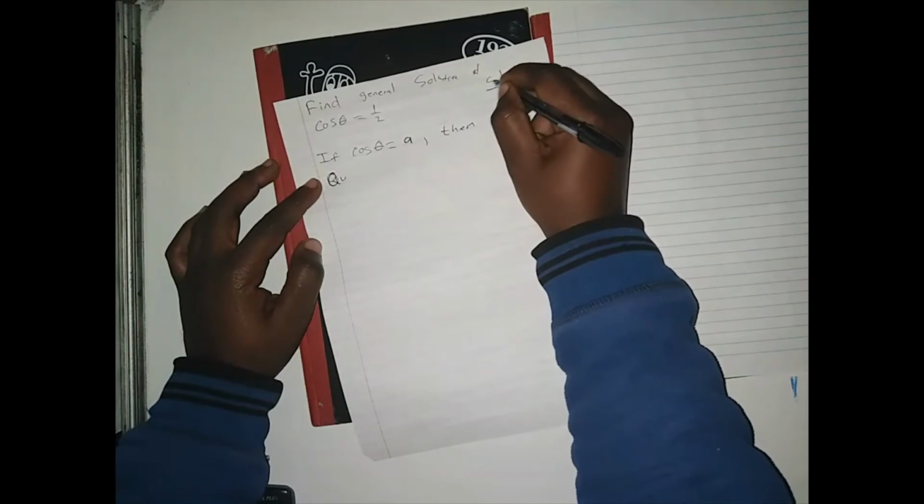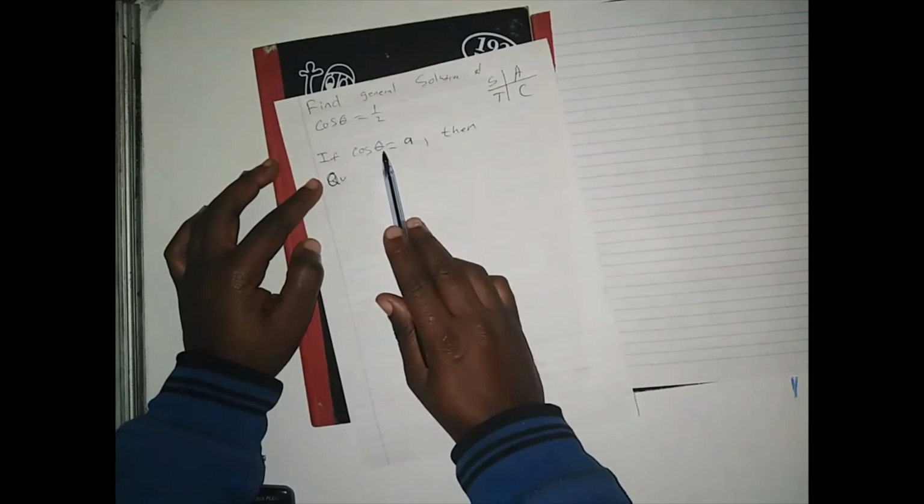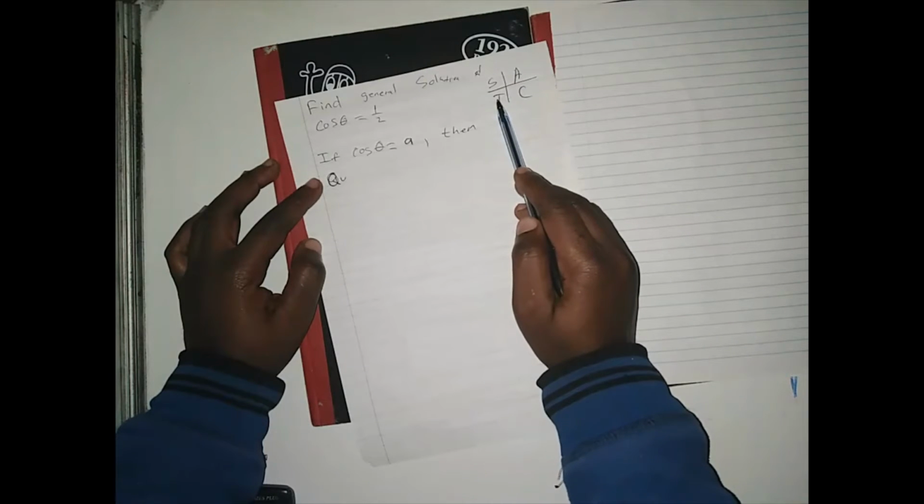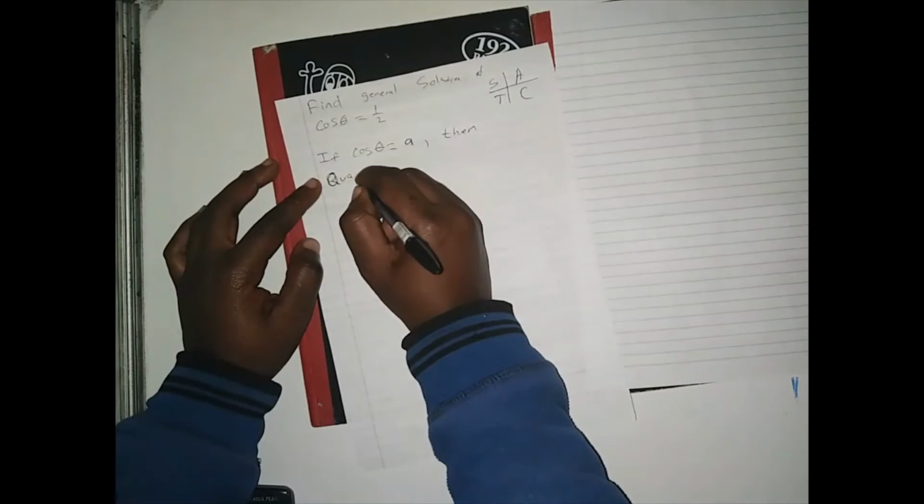All stations to Cape Town, or all students take coffee. Okay, so cos is positive where? In the first quadrant, and what? And then in the third quadrant. So you will have quad 1. Now in quad 1, what are you going to have?